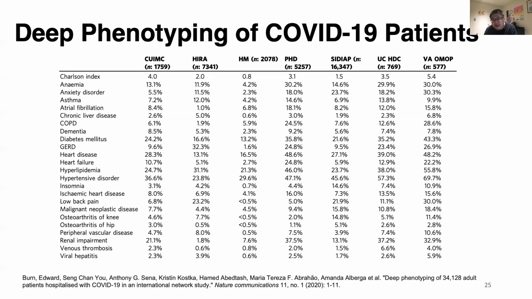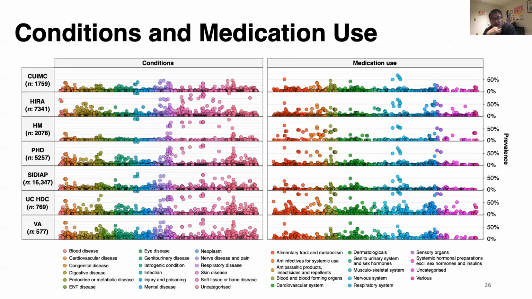And the prevalence of hypertension ranged from 37 to 70% in the US, from 30 to 46% in Spain, and 24% in South Korea. And this figure shows the prevalence of conditions and medication use among COVID-19 patients.